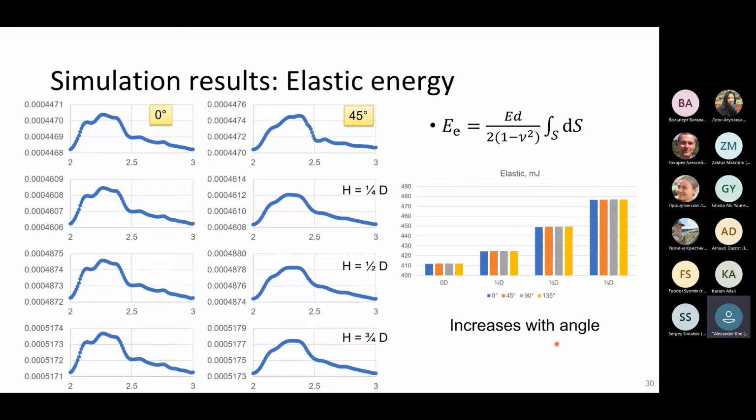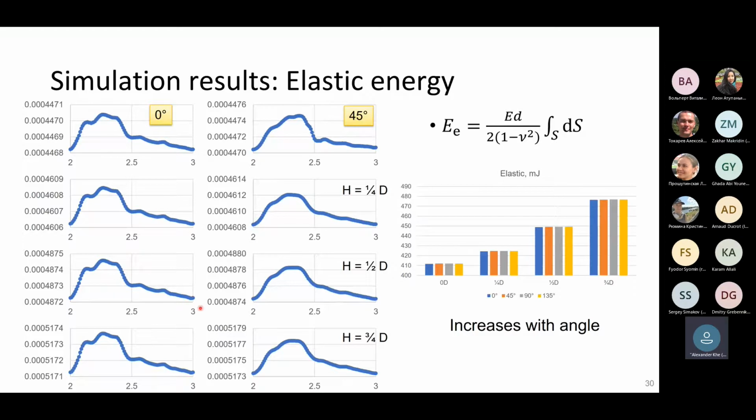the energy components of the total energy of the system, and the results show, on the left, time series of the energies for a straight vessel and for a vessel turning by 45 degrees, and for different sizes of the bleb. On the right is the summary diagram showing average elastic energy for different cases.